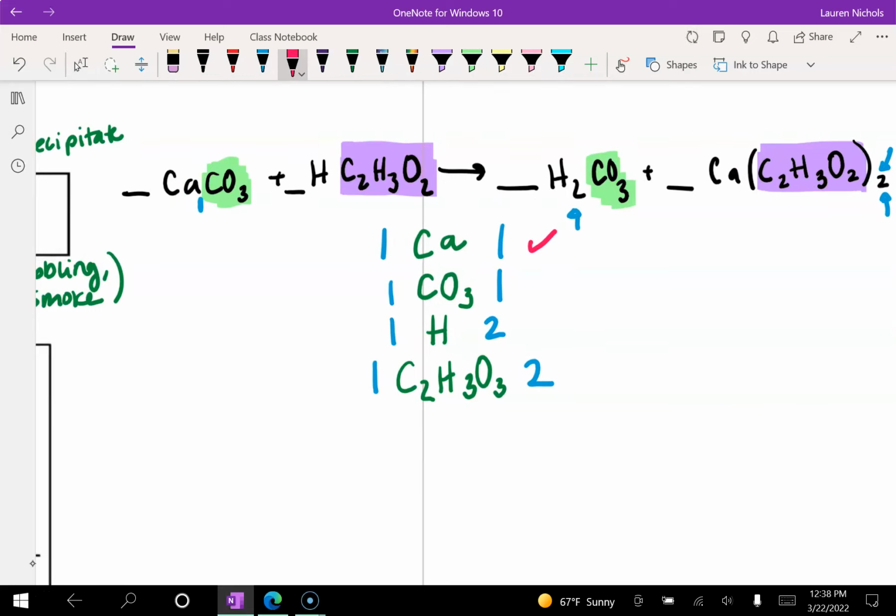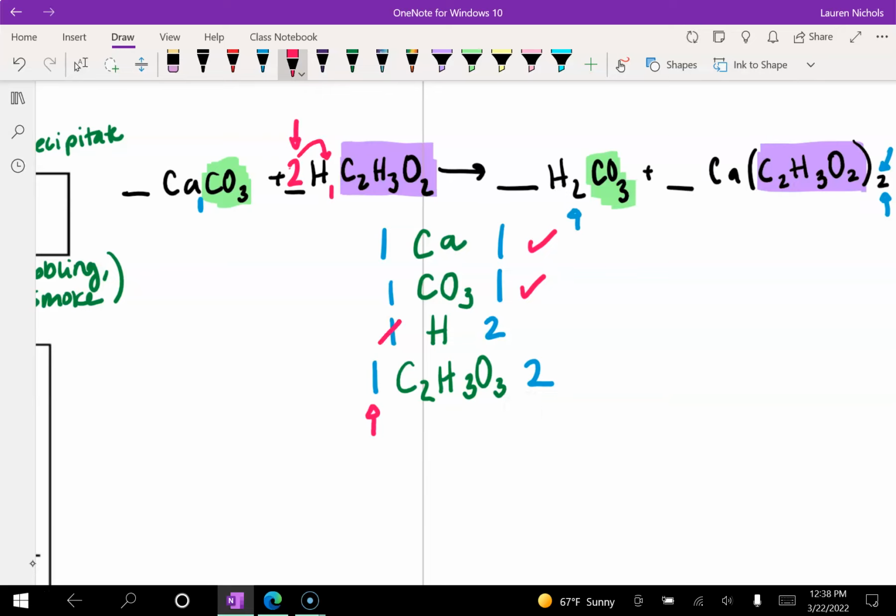So in order to balance this, we would need it to be the same on both sides. We can see that calcium is the same on both sides, carbonate is the same on both sides, but hydrogen and acetate are not. So what you have to do is put a coefficient on the side that has the smallest number. So our reactant side, the left side, has the smallest amount. I find it right here, and let's put a 2, because then the 2 gets multiplied by our elements.